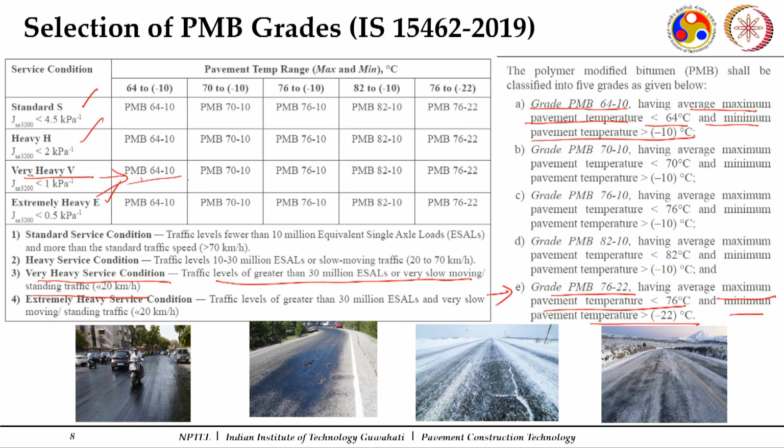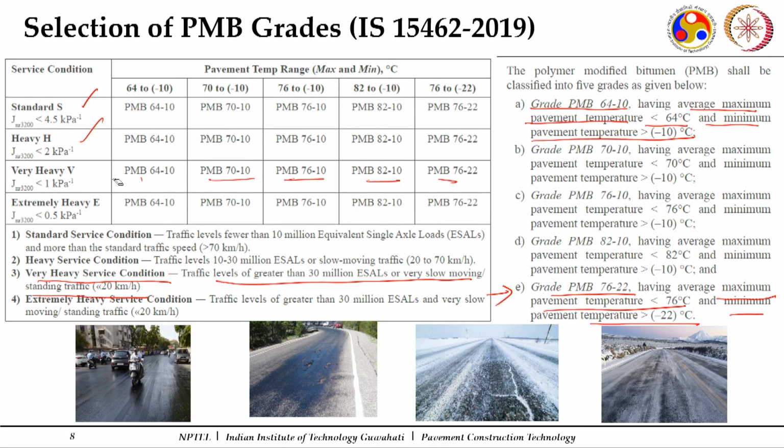So this is the requirement depending upon different regions, and then there is a requirement regarding the G*/sin δ value. This is again a parameter derived from the dynamic shear rheometer to understand the binder's resistance towards high temperature deformation. So on the basis of this, different modified binders can be selected for use in different regions under different traffic loading conditions also.